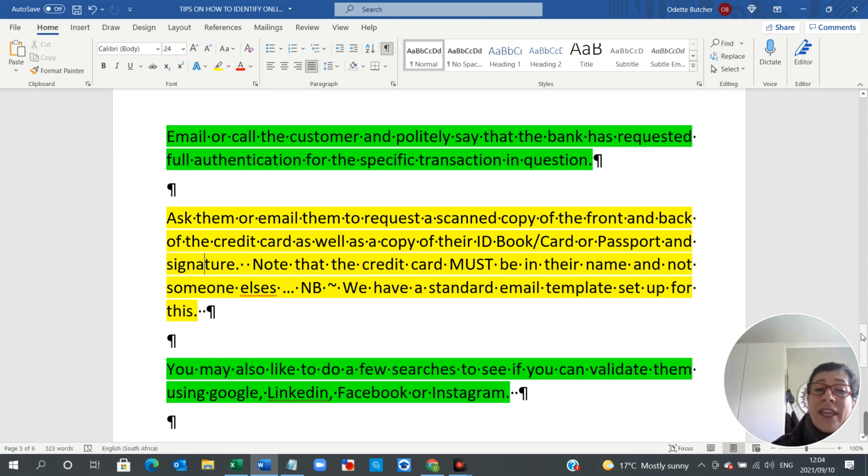Ask them or email them to request a scanned copy of the front and back of the credit card, as well as a copy of their ID book, ID card, or passport, and also to include a copy of their signature. Note that the credit card must be in their name and surname and not in someone else's. Also note that we have a standard email template that we have set up for this very purpose.